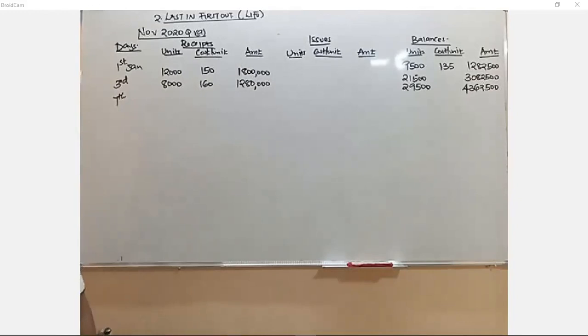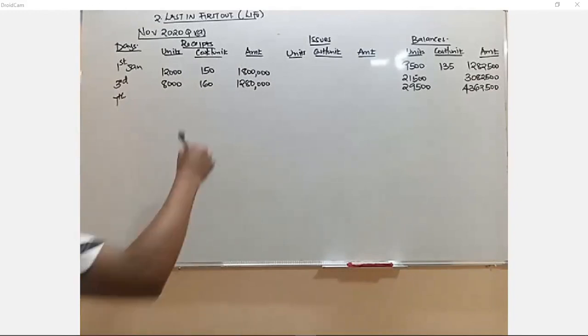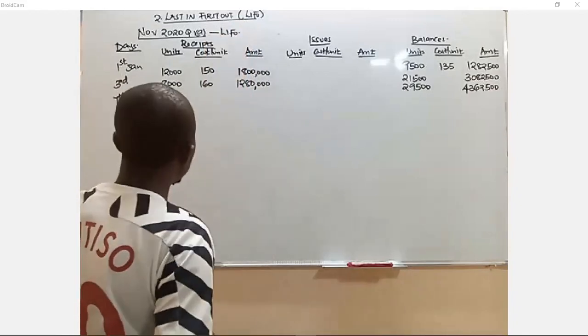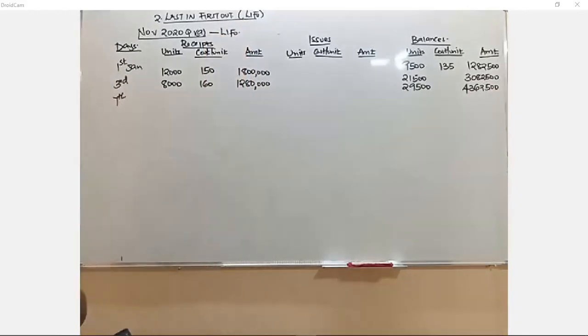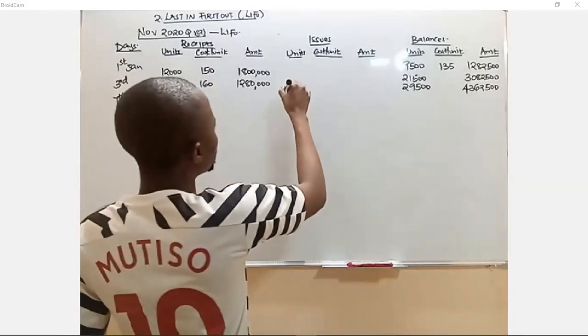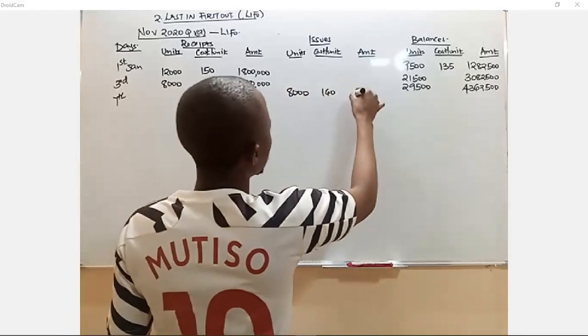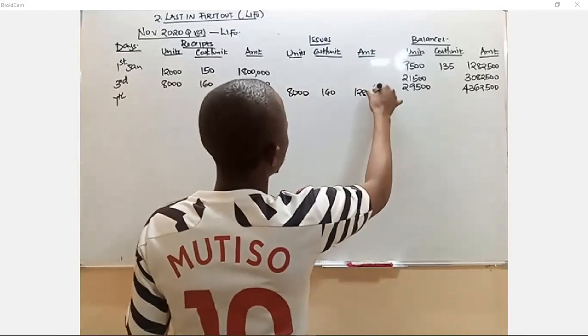We were able to sell 12,000 units. But remember, the question that you are doing, you are using last in, first out. So when you look at it, what we are being required right now is 12,000. But the last unit that I have is 8,000. I issue them first. So I will be able to issue 8,000 at 160, getting 12,80,000.